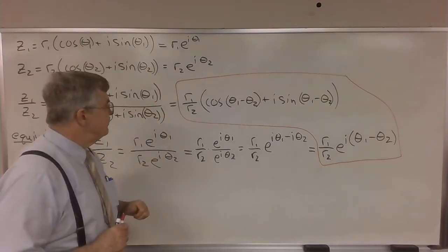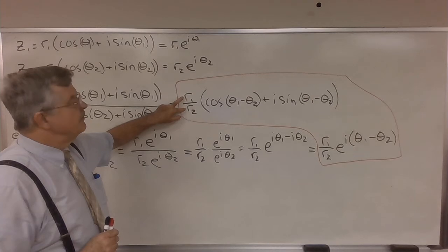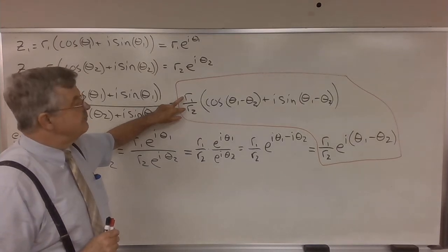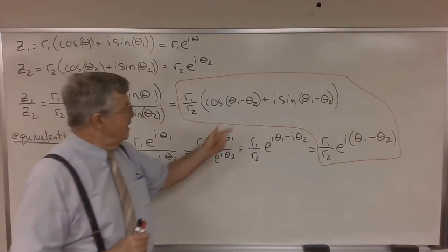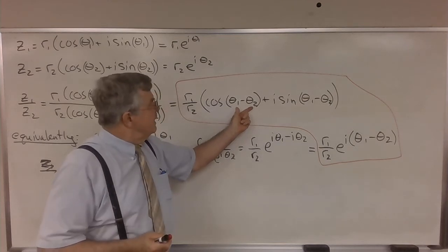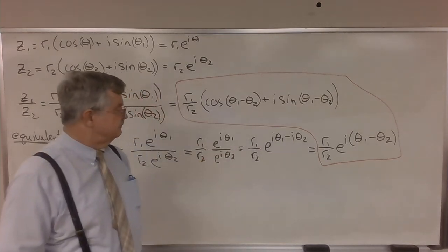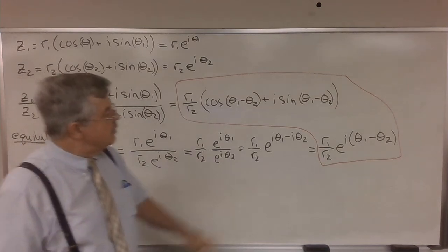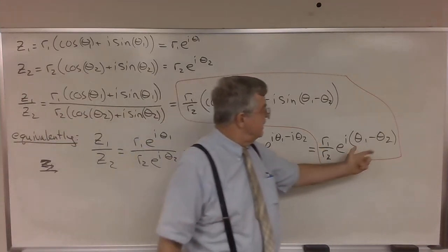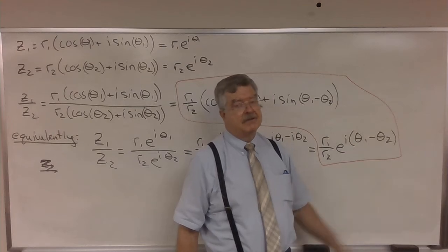Essentially, for division, we take the quotient of the moduli and the difference of the two angles.